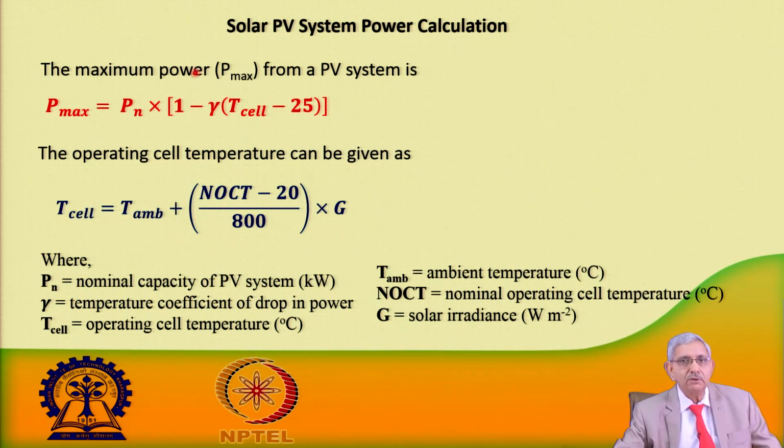This value is made available to us by the manufacturer, and then T cell minus 25. This particular equation is developed for the set condition of 25 degrees Celsius.